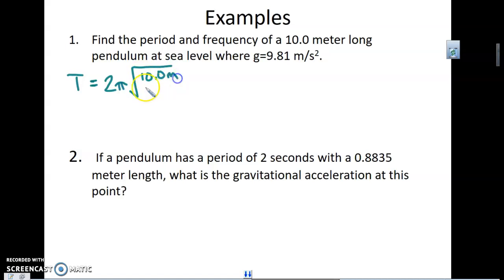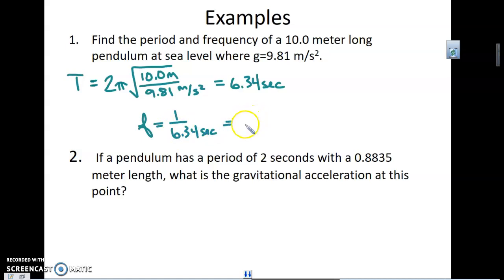My pendulum length is 10 meters. Acceleration due to gravity. And we're going to calculate that at 6.34 seconds. And then, of course, the frequency would be 1 over 6.34 seconds. And we would get 0.158 hertz.